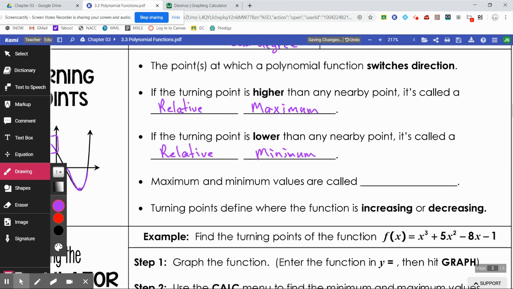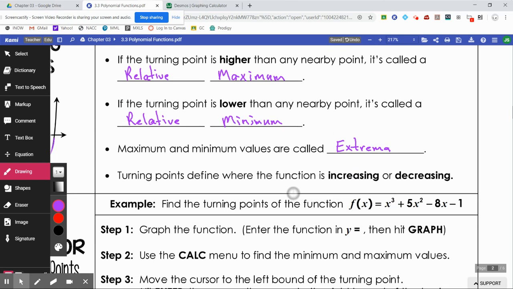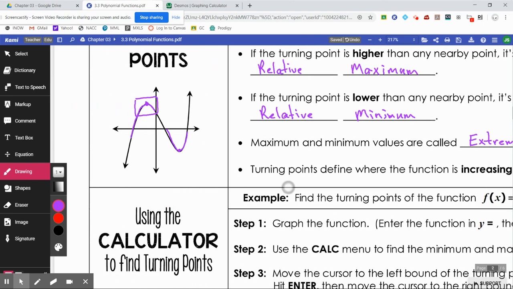Maximum and minimum values are called extrema, so the extreme values. Turning points define where the function is increasing and decreasing. Notice again that your function was increasing, then it started decreasing, then it started increasing again.